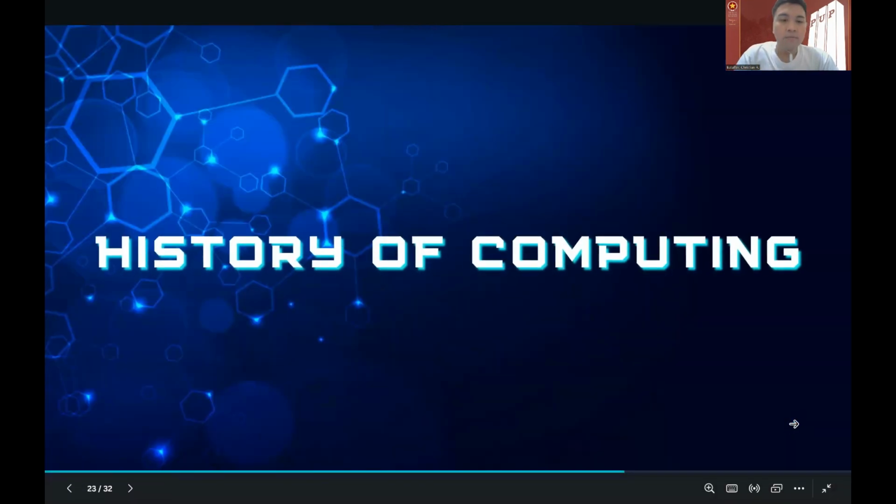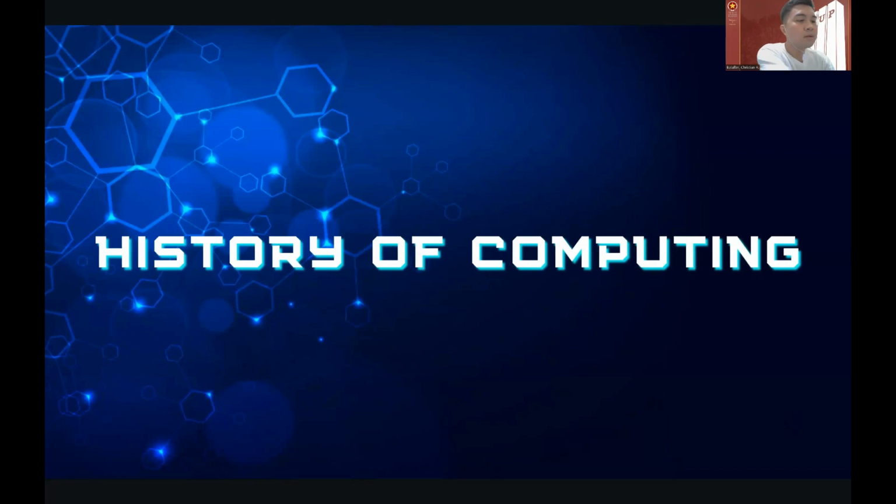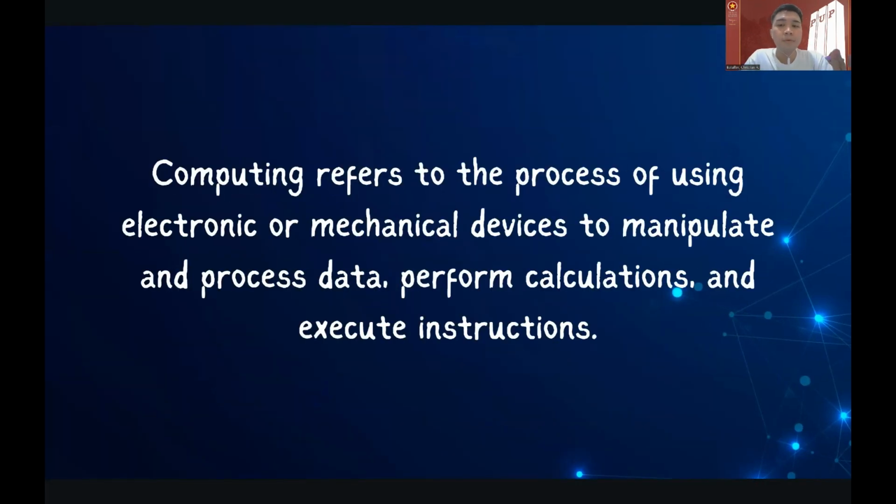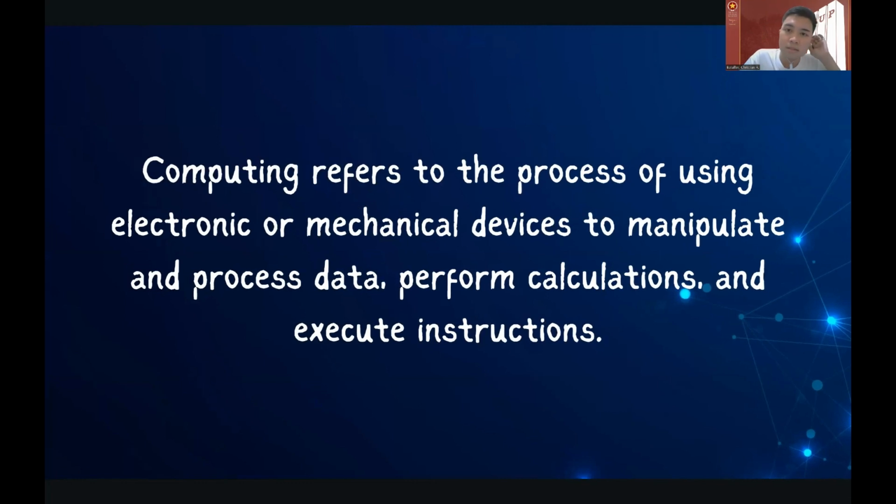So history of computing. Pre-modern. Before we tackle that, computing refers to the process of using electronic or mechanical devices to manipulate and process data, perform calculations, and execute instructions.